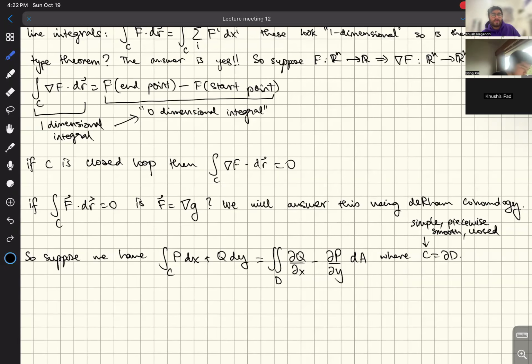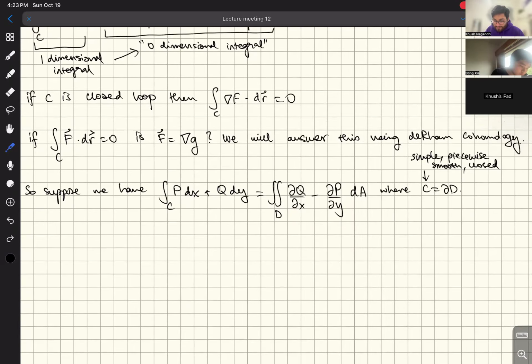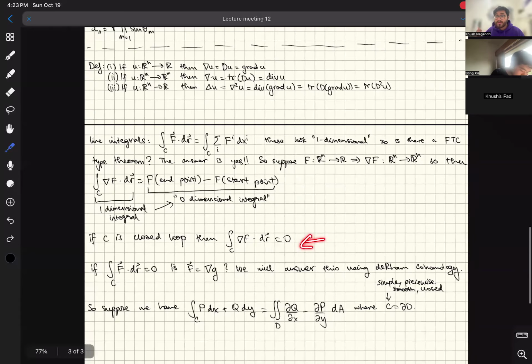Okay. So one thing to notice is again, this looks very unnatural. What is this object over here? Why are there partials? Why have they swapped positions and stuff like that? So in some sense, we can already see that even in two dimensions, things start seeming very unnatural. Up to this point, we were all good, right?